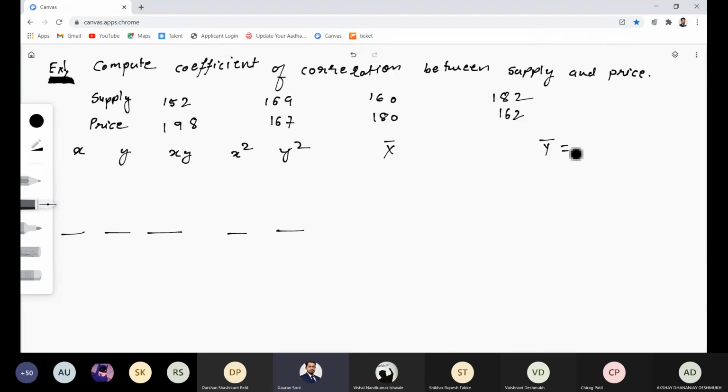Yes, what is the answer? Sir, x bar is 165.75 and y bar is 176.75. Yes. R of xy?